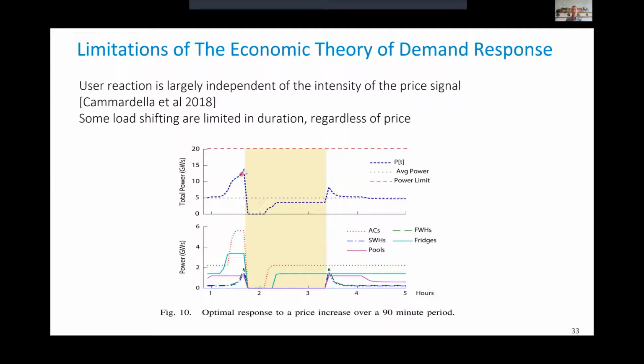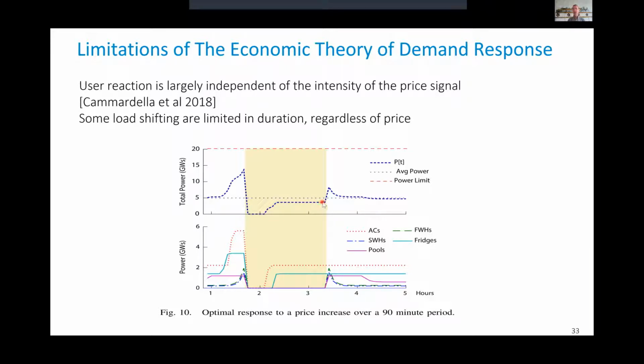Of all the devices, we see that during the demand response event, which you can interpret as a period of high price, there is indeed a reduction. But the time scale here is hours, so the reduction lasts for perhaps 20 minutes. And then after that period, there is again an increase that is, of course, much less than what would have been if the peak had occurred naturally. But still, there is an increase here.